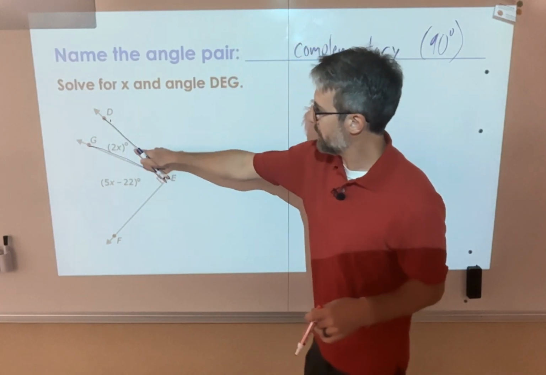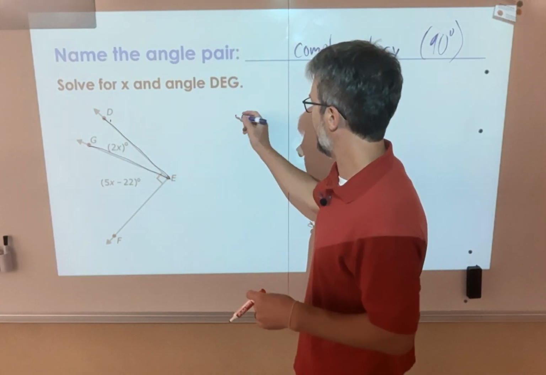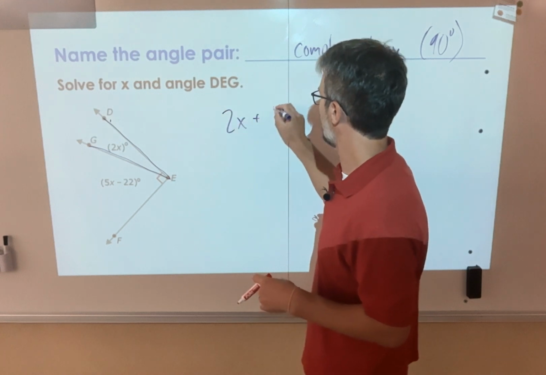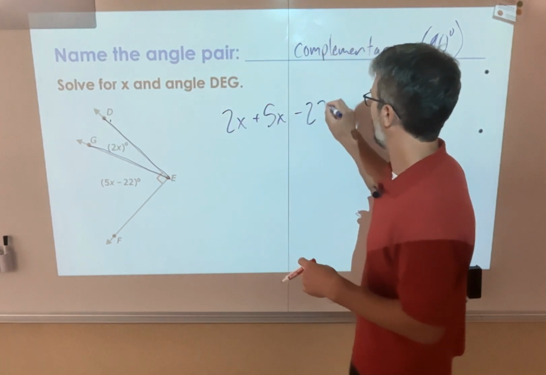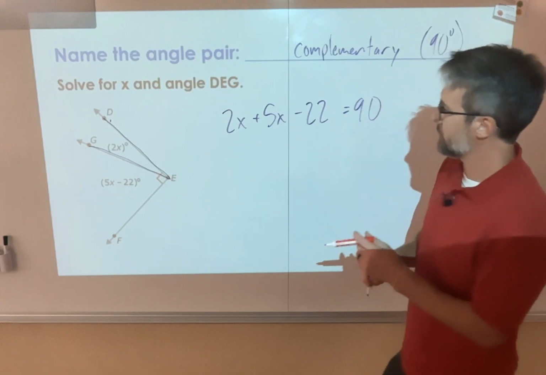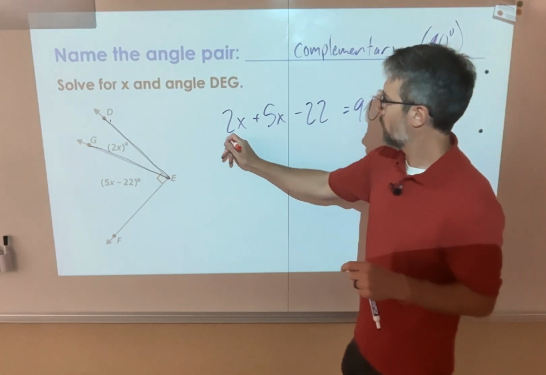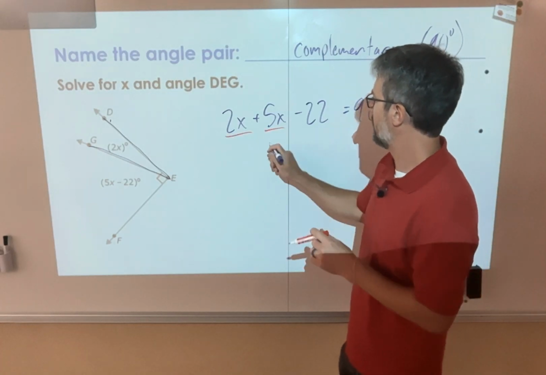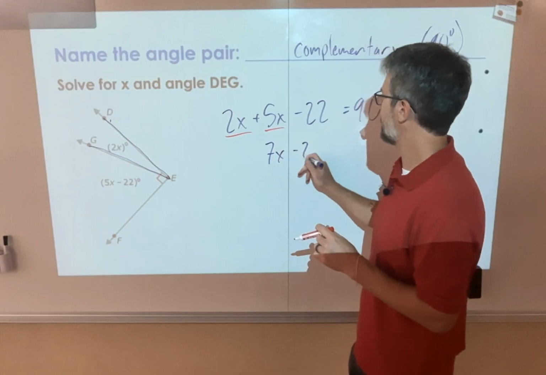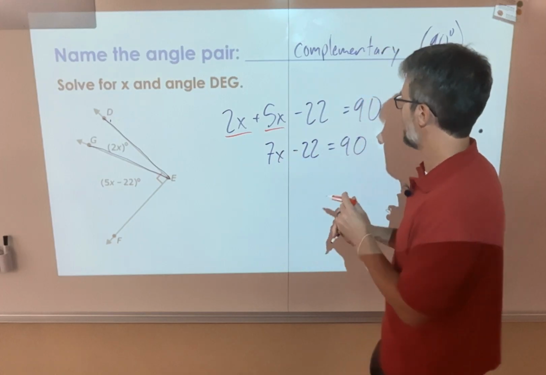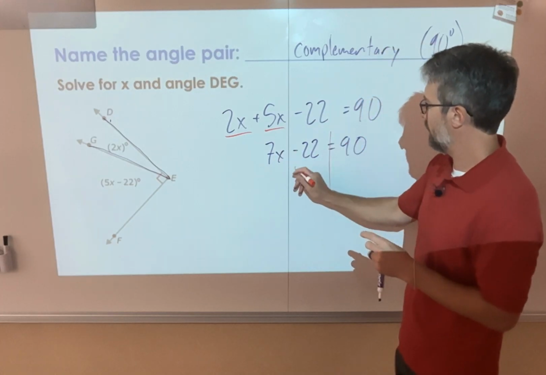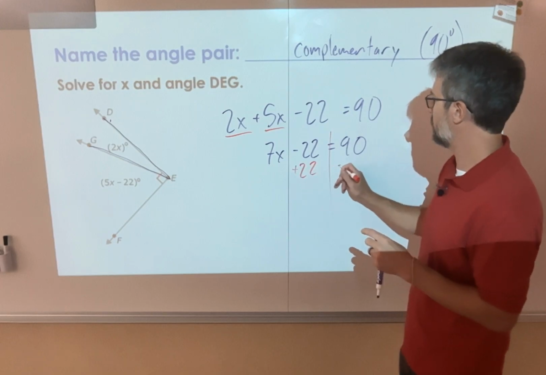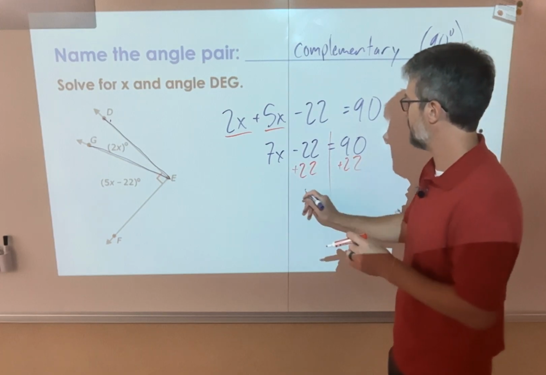Okay, so I know that these two together are going to equal 90. So let's do 2x plus 5x minus 22 equal to 90. We can use that to solve for x. We'll combine our like terms. 7x minus 22 equals 90. We'll get rid of the 22 by adding that to both sides.